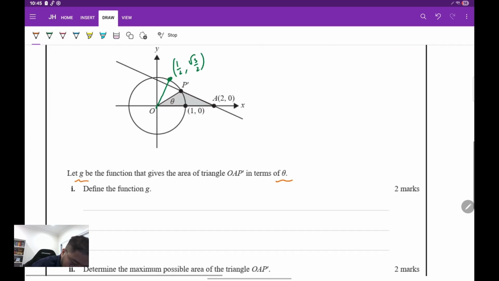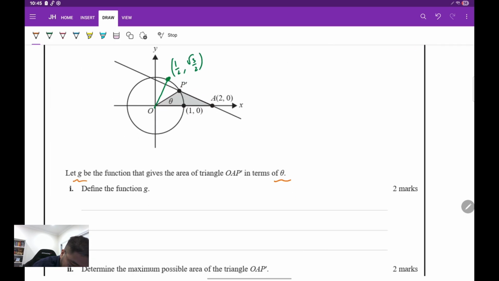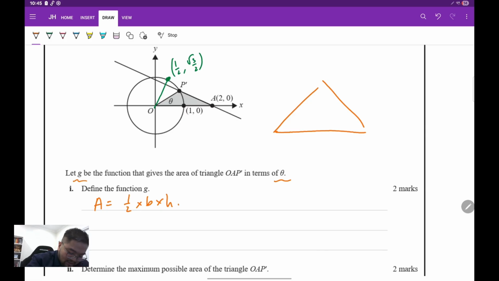Now, what is going to be the area of this triangle? We've got a triangle here, and we know area is equal to half times base times height. Obviously, writing this as half times base times height is not correct. We need to express it in terms of theta, so let's look at whether we can work out the height and the width of this triangle. The width of this triangle will be 2. What's the height?